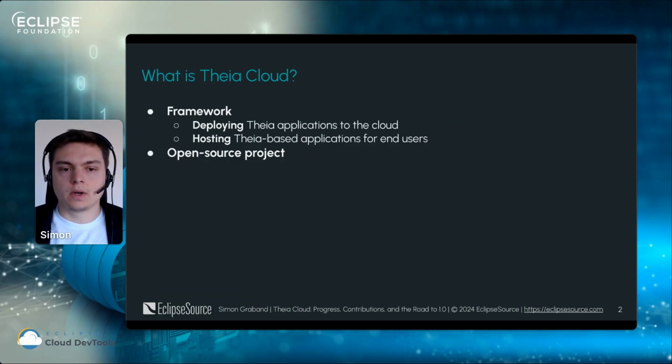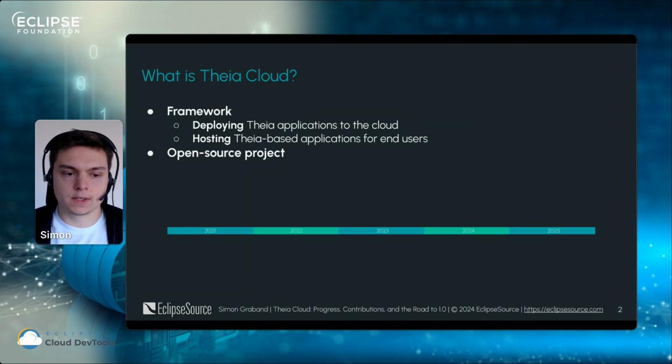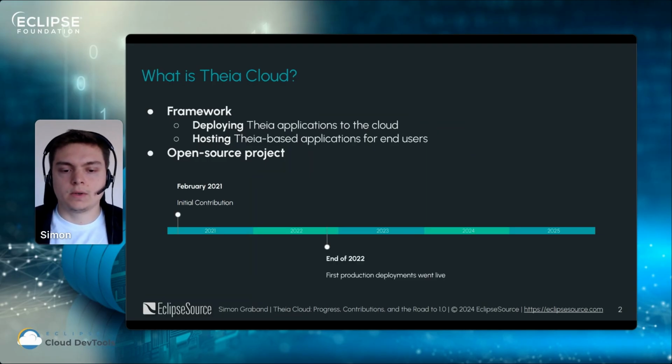Since we want to talk about the road to the 1.0 release, let's quickly take a look at the project's timeline. We started in February of 2021 with the initial contribution, where the main functionality of Theia Cloud was introduced. Then 1.5 to 2 years later, at the end of 2022, the first production deployments actually went live.